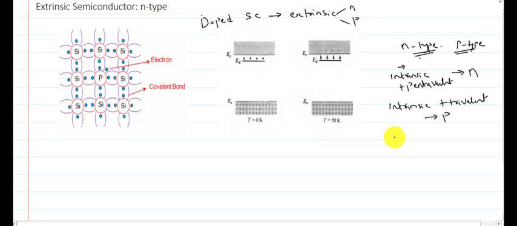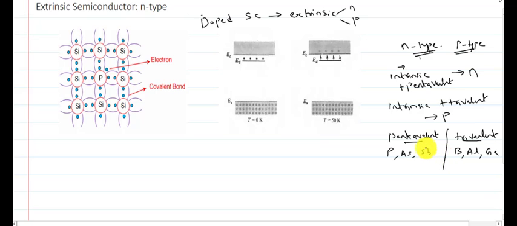We should study the examples for pentavalent impurities and trivalent impurities. This is very important in doing the problems of module 1. Pentavalent impurities, for example phosphorus, arsenic, antimony, are the main pentavalent impurities. Similarly for trivalent impurities, boron, aluminium, gallium, indium.